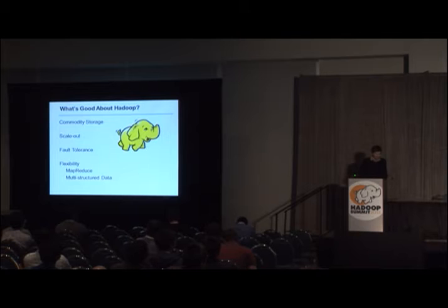After these papers were published, Doug Cutting and Mike Cafarella, who had been working on a project called Nutch, whose goal was to build an open source search engine, read these papers and realized pretty quickly that they needed something like GFS and something like MapReduce in order to build this system.